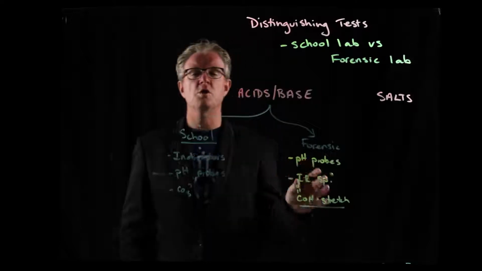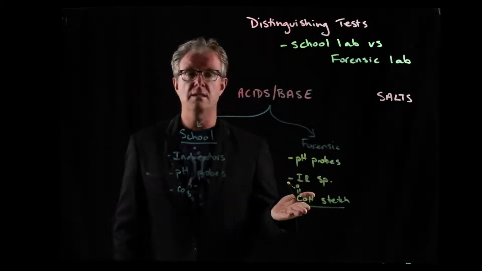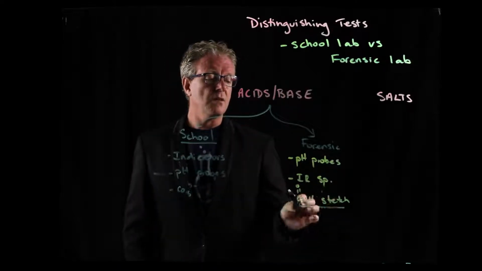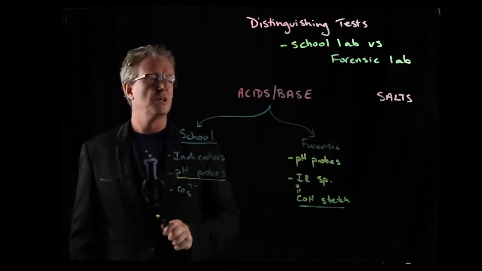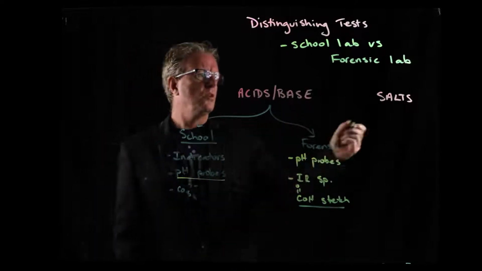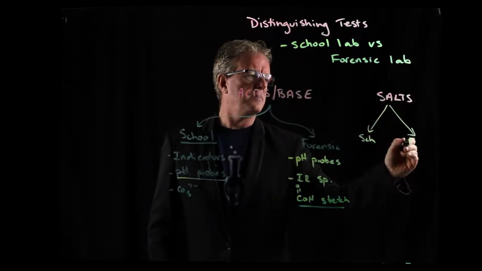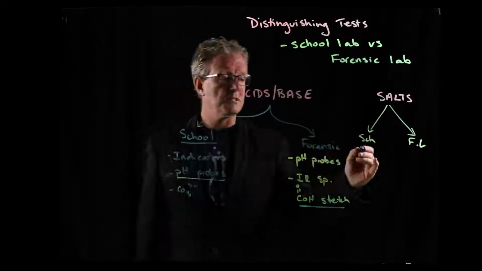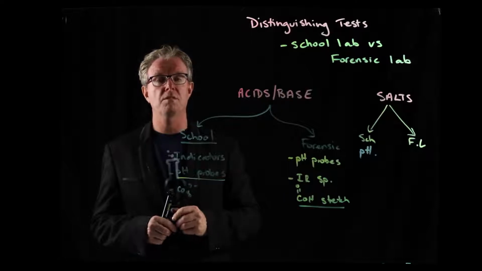Okay, so they can look for the area that absorbs the typical carboxylic acid stretch there. So they will use machine analysis, whereas we tend to just have pH probes. What about salts? Well, in the school lab for salts, we do precipitation tests. Right? We do precipitates to find out the presence of a salt.